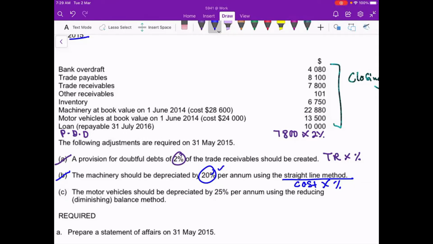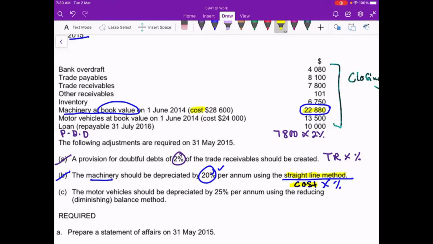So now I want to calculate depreciation for machinery. I check machinery. Machinery at book value is 22,880. But now I want cost because this is straight line. Did the question give me the cost? Yes, they gave me the cost and the book value.